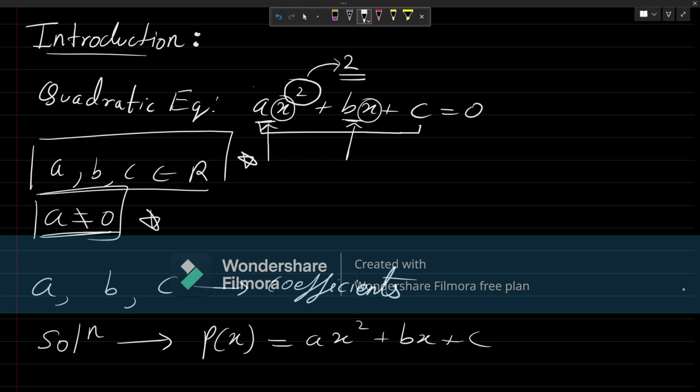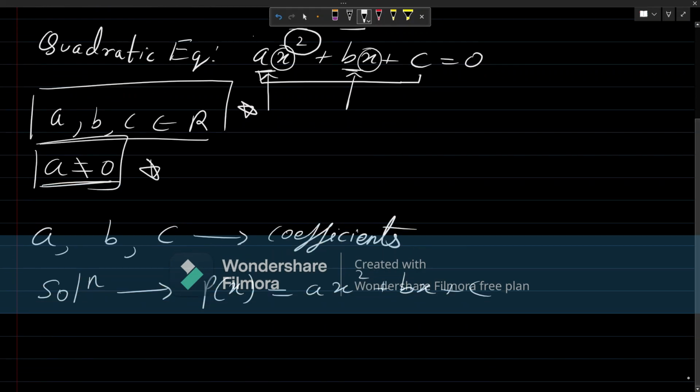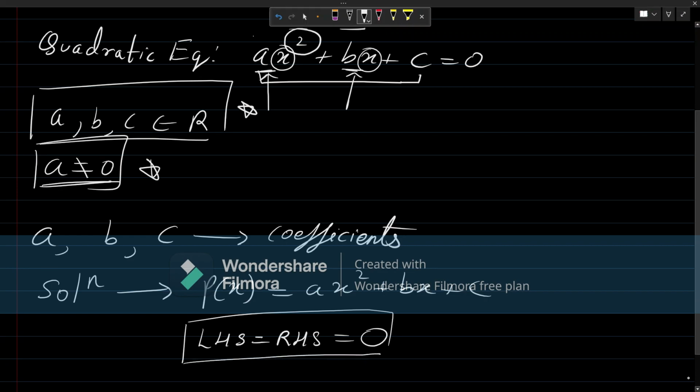If this value is equal to 0, that is, LHS is equal to RHS and it is equal to 0, only then can we call the number we put inside the bracket a solution of ax square plus bx plus c. That was it for the introduction part.